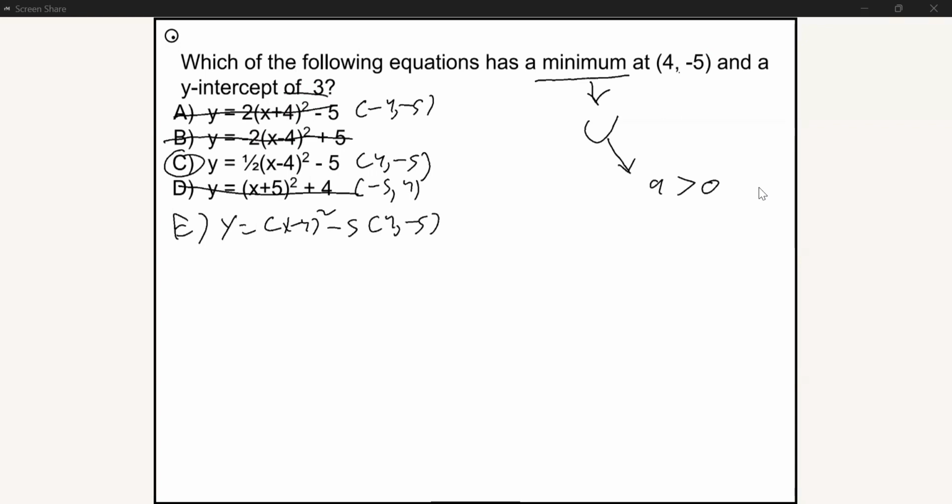So let's plug in 0 for E first, just to show how it's wrong. 0 minus 4 squared minus 5, so that's going to get you 16 minus 5 equals 11. Wrong.